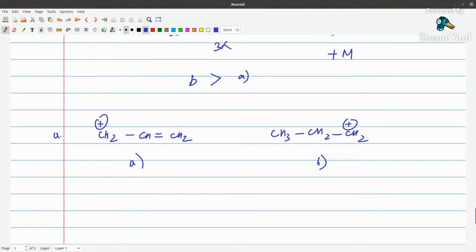Yes, resonance effect. Yes, resonance effect always will dominate the hyperconjugation. So I think there only the answer lies.